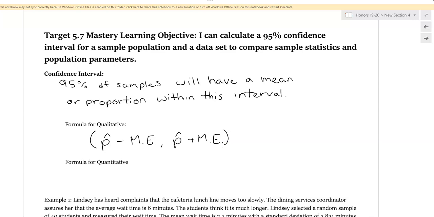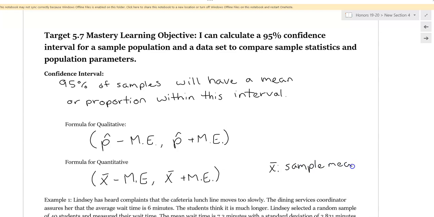Similar for quantitative, but instead of p-hat, we're using x bar, and x bar is just your sample mean.